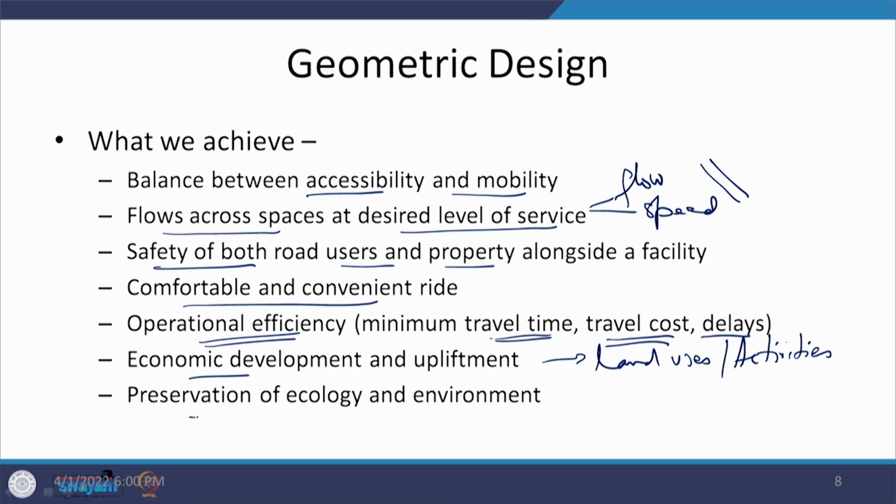And finally, the thing which we are going to look at is the preservation of ecology and environment, which is quite important in the case of multi-lane highways or in the case of expressways. Now, these are facilities which take a lot of space, and if they are passing through a forest area or any reserved area, then there can be an issue to the flora and fauna in that particular area.